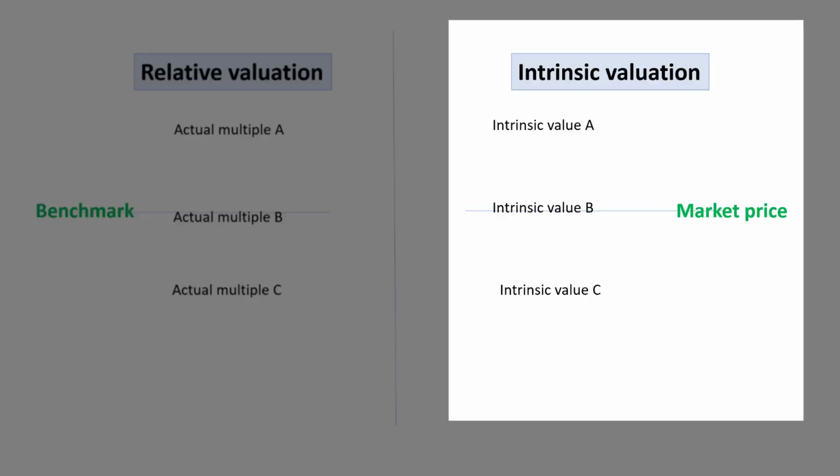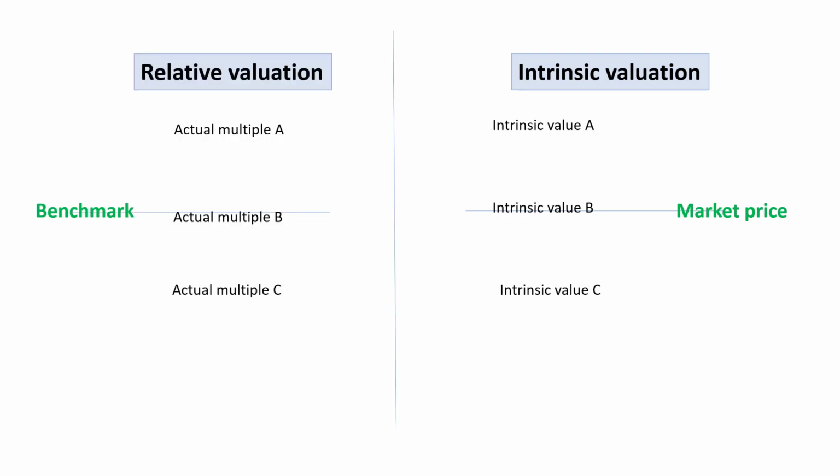Turning attention to intrinsic valuation, the situation is flipped from relative valuation. Intrinsic value A is above the market price. I think that point is important enough to repeat, and just to stop and pause and take a look at the left-hand side and the right-hand side. With relative valuation on the left-hand side, the benchmark is in plain sight, and the benchmark represents the justified value for your share.